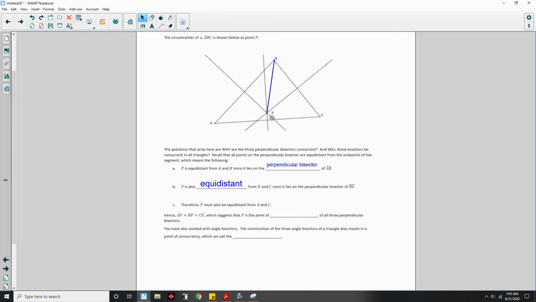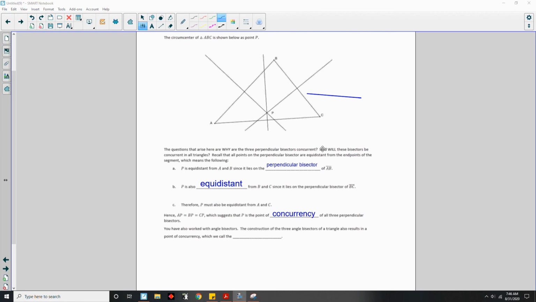Okay, so B to P is the same distance, and then again if I rotate it and bring this down here, rotate it a little to get it to line up, P to C is equal. So this says AP equals BP equals CP, which I just showed you with the same length of segment. So this suggests that P is the point of concurrency of all three perpendicular bisectors.